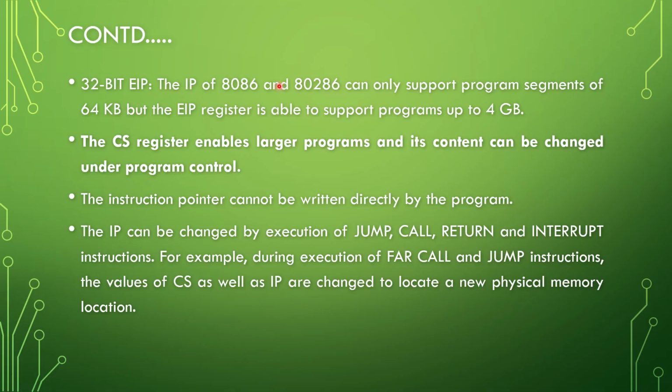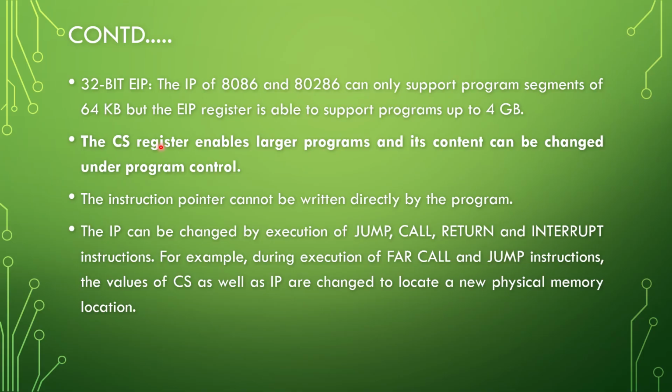The instruction pointer of the 8086 and 286 can support program segments of 64 KB, but the extended instruction pointer register is able to support programs up to 4 GB. As we know, the 80386 has a memory capacity of 4 GB, that is why.